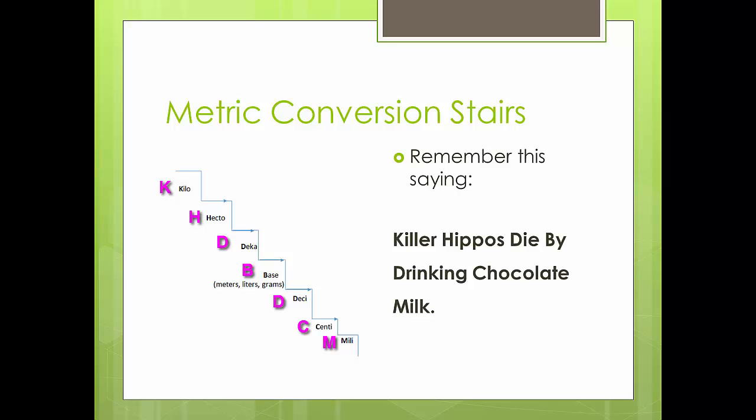Remember, you want to start in the upper left corner and draw out KHDBDCM, or killer hippos die by drinking chocolate milk. Remember that the B stands for base, but it really will be either meters, liters, or grams. And then put your little stairs around it, and once you get this done, unpause the video and I'll show you how you can use these stairs to easily make conversions.